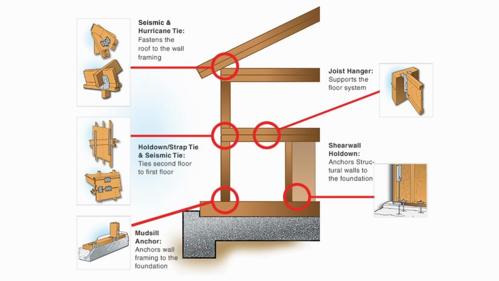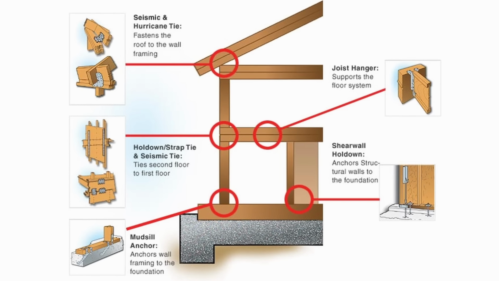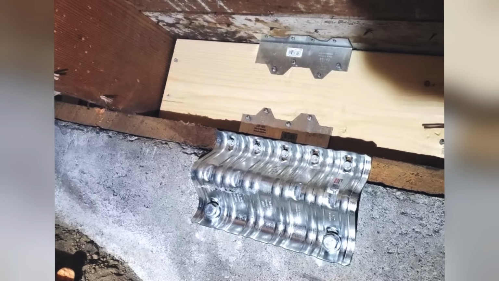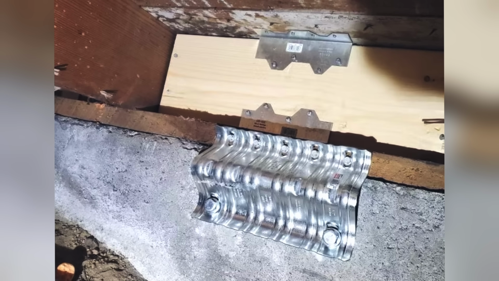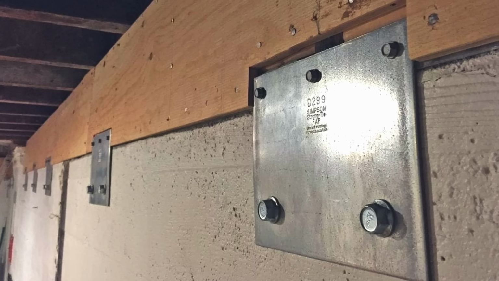And that means that we have to do what is called seismic retrofitting. A seismic retrofit means that we have to take all of the existing house, we have to tie it all together with nails and plywood and metal hangers, and then we have to anchor it all to the foundation. If that foundation isn't strong enough, we have to make it stronger. If those walls aren't strong enough, we have to make them stronger.